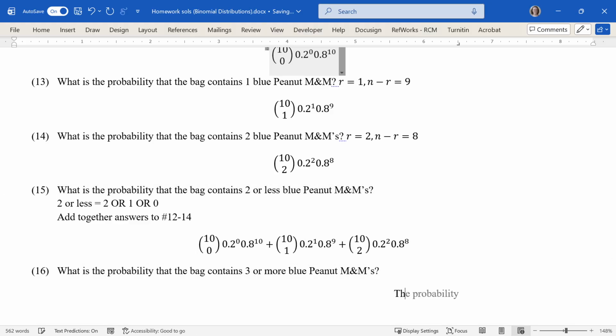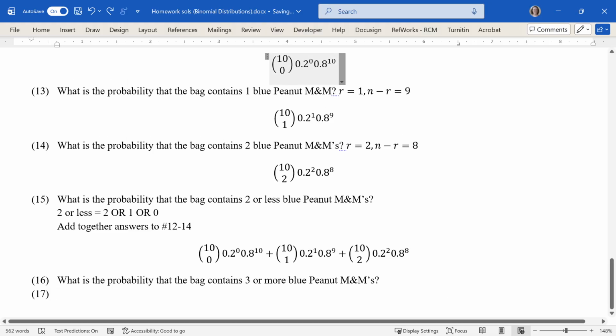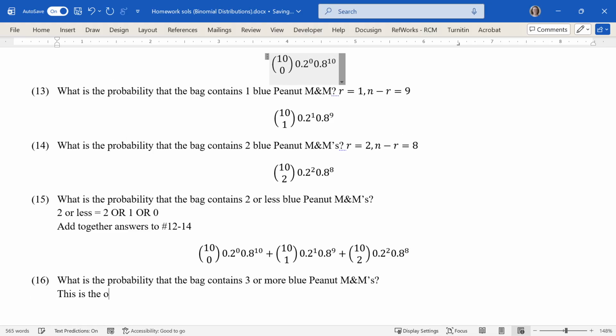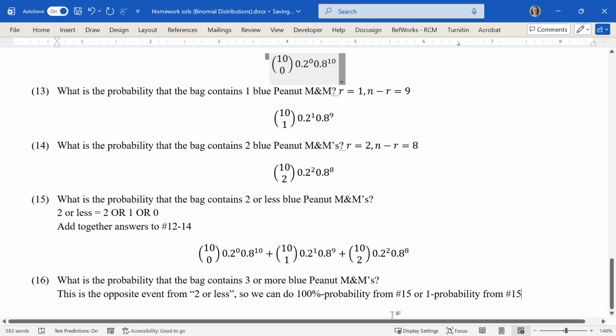This is the opposite event from 2 or less. So we can do 100% minus the probability from 15, or 1 minus the probability from number 15, right? Like when there's a 30% chance of rain, there's a 70% chance of no rain. It's that kind of thing.